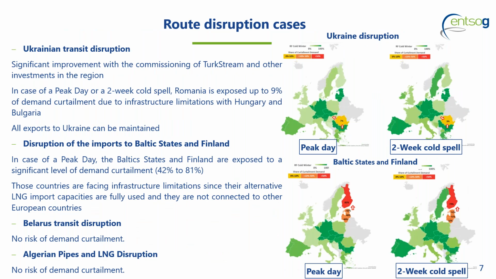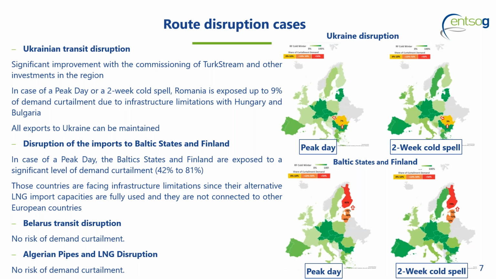On top of these different demand situations and high demand events, we are also investigating different transit route disruptions to check the vulnerability of the gas system in Europe and possible effects in this specific case.